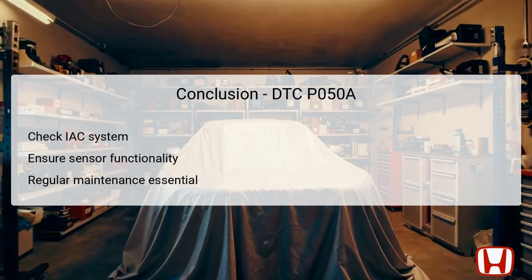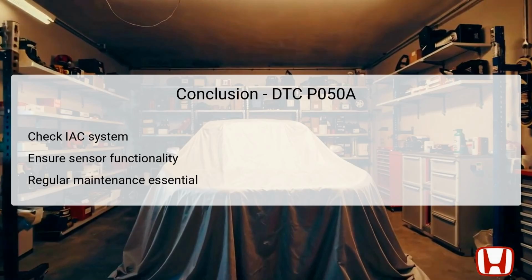In conclusion, DTC P050A is indicative of a cold start idle air control system performance problem that can significantly affect vehicle operation. It is crucial for technicians to systematically follow the outlined troubleshooting steps, beginning with a thorough assessment of the PGM-FI system, visual inspections, and component tests.